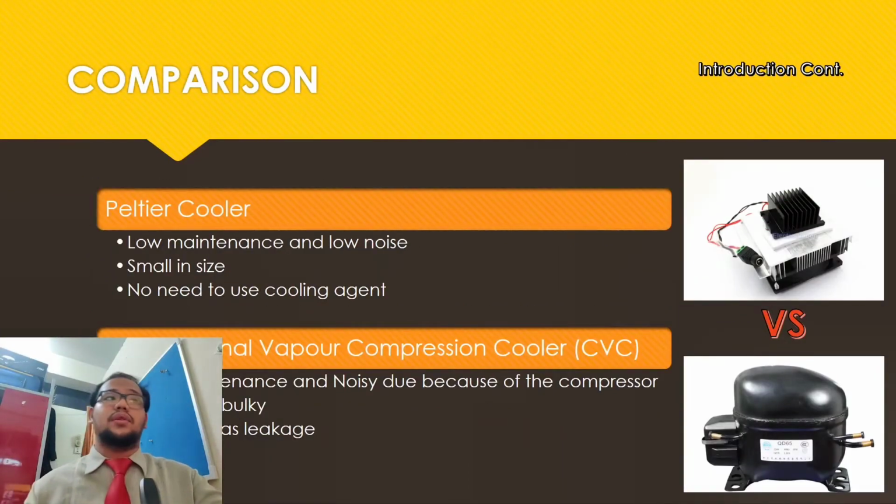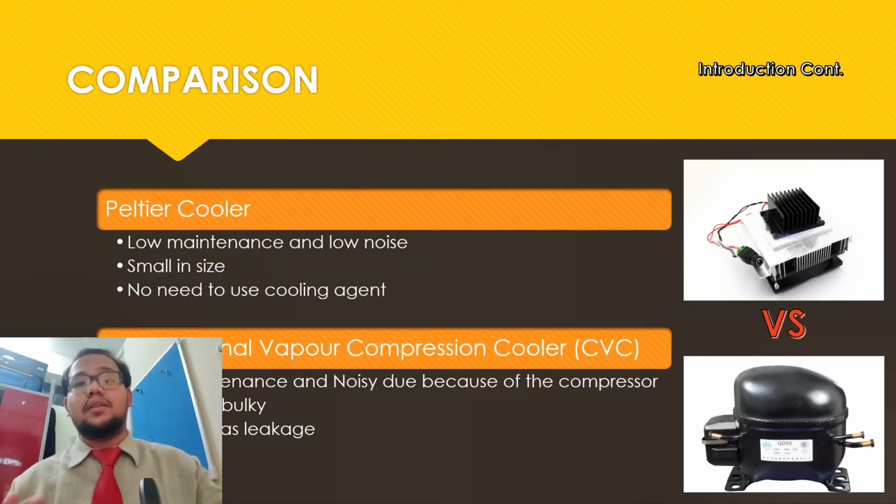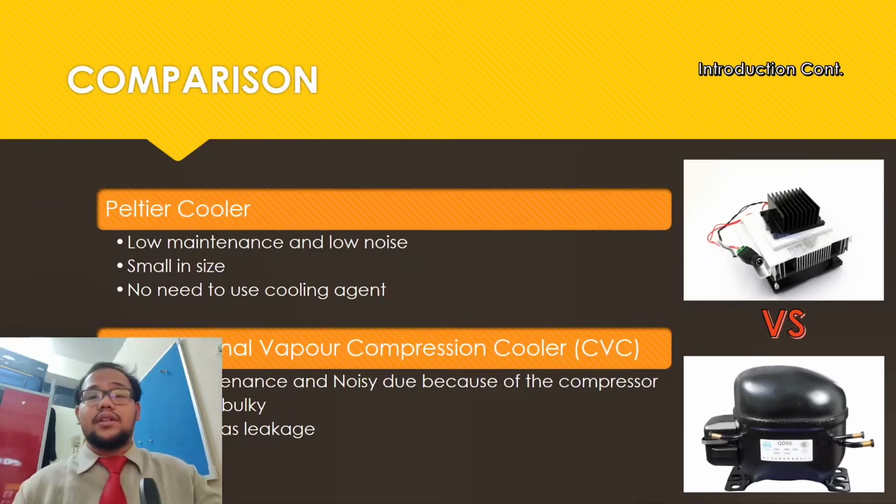So why are we going to use a Peltier? Why do we not use the conventional vapor compression cooler, or the CVC cooler? This is because the Peltier cooler is very low in maintenance and low in noise because it does not have any moving parts in it. It is also very small in size.